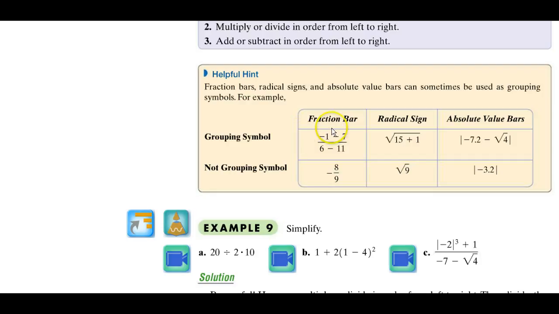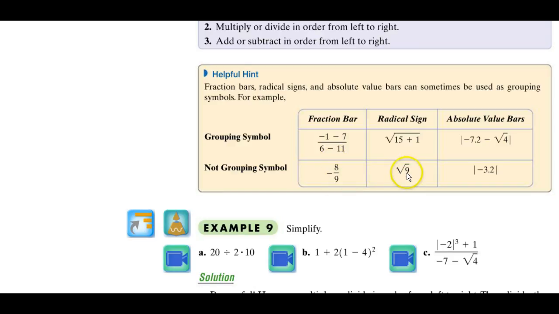And they're also showing you some grouping symbols: the fraction bar, the radical sign, absolute value bar. Now, just the division bar here, that's not grouping because there's just one item on top, one item on the bottom.